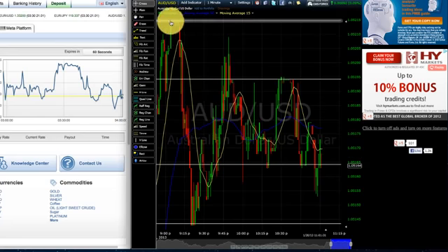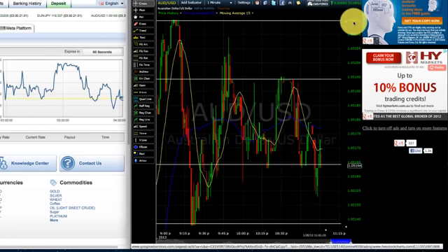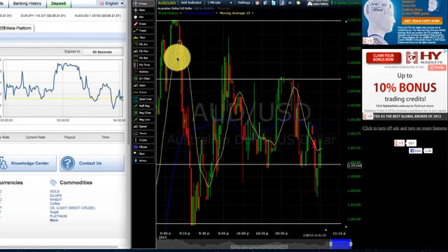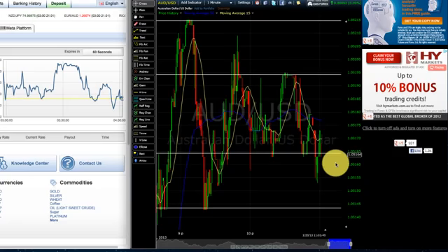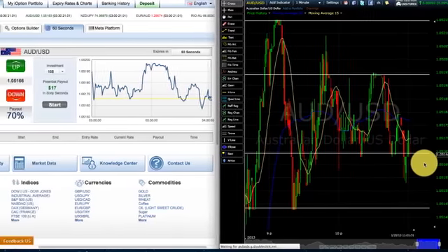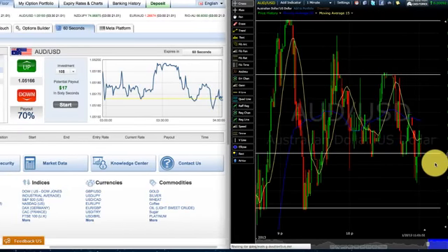For example, up here it doesn't seem to want to go past $1.05, and down here it doesn't want to go below it. There's also another one in here where it's trading between two levels.